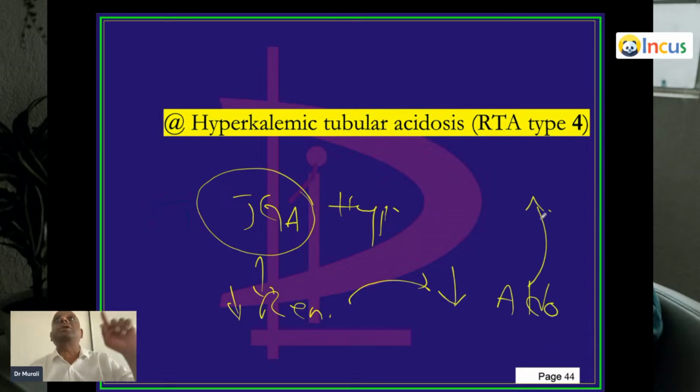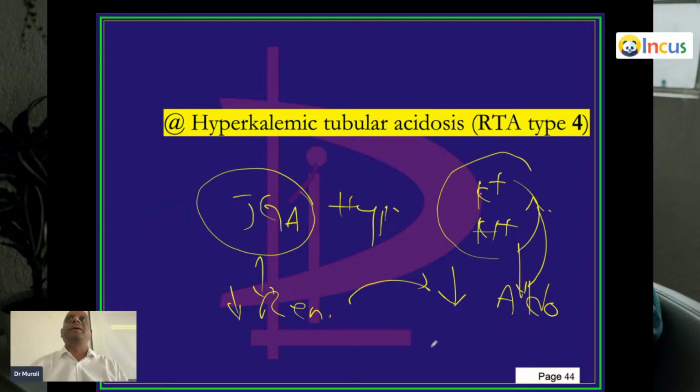Normally, what will aldosterone do? Retention of sodium and loss of K plus and H plus into the urine. If the aldosterone is not there, K plus and H plus cannot be lost into urine. They will accumulate in the blood.